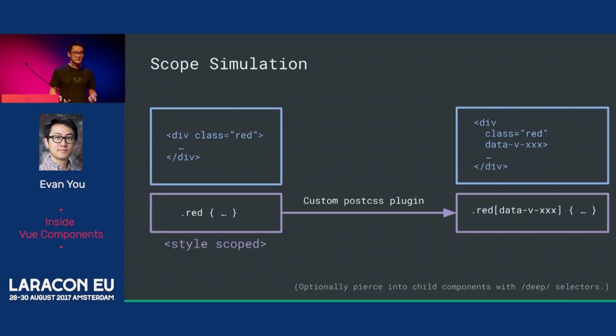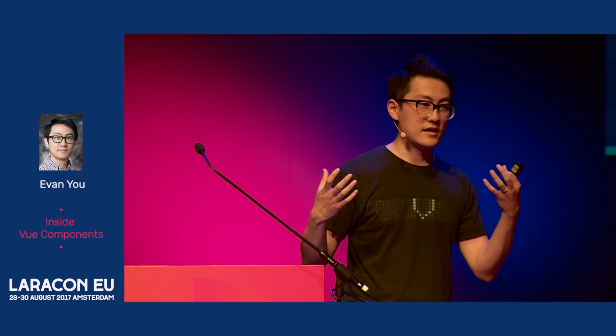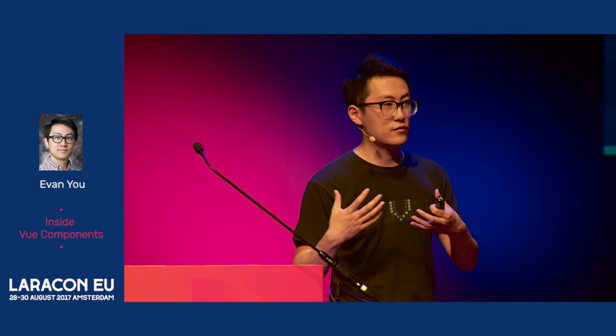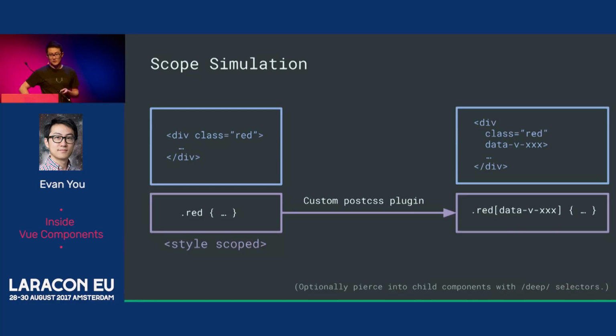But it completes the task of scoping your styles in the component to this component only. And it doesn't even leak down to child components. So you won't run into the case where you import a child component and its style is accidentally overwritten by a parent component. Of course, you can still do that intentionally using the deep selector if you really know what you're doing. So this gives us a lot of flexibility, and at the same time, ease of mind when you're dealing with CSS.